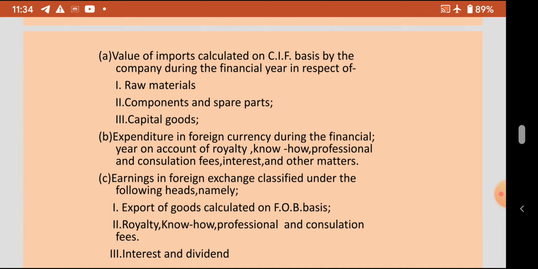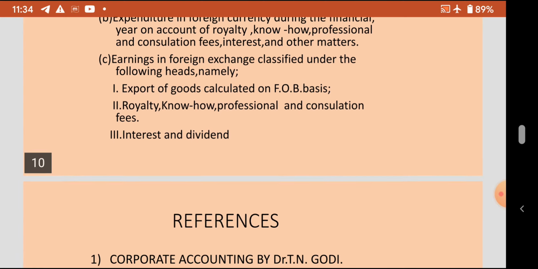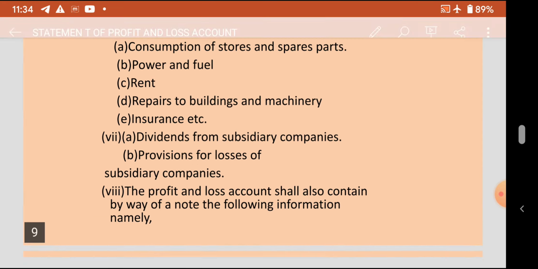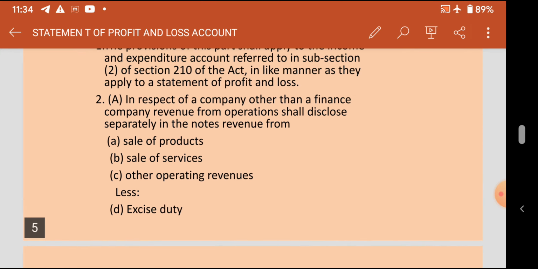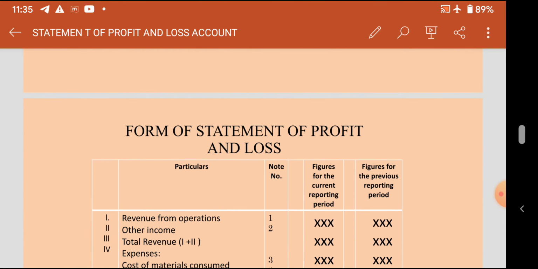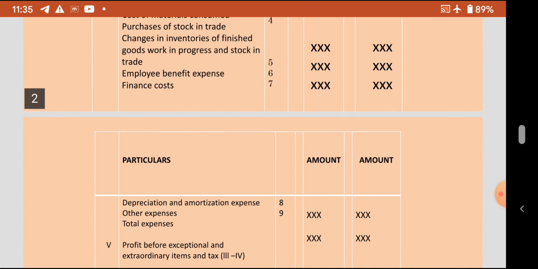Earnings in foreign exchange classified as under the following heads, namely export of goods calculated on FOB basis, royalty, know-how, professional and consultation fees, interest and dividend. So these are basically the instructions to keep in mind while preparing the statement of profit and loss as per the Companies Act 2013.